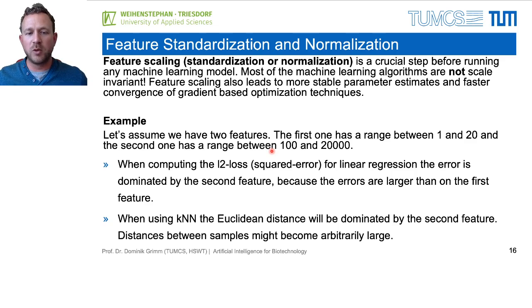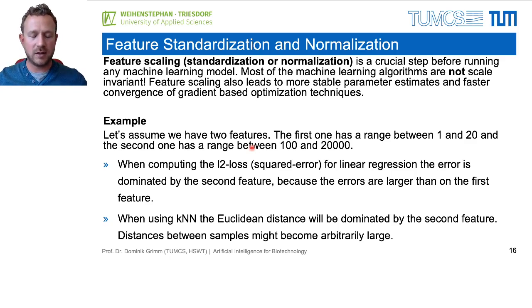If we would like to compute the distance between samples, then the Euclidean distance is also dominated by this feature, because this leads to a much larger distance. And the problem is, if we have these large values in our data set, then distances between the samples might get arbitrarily large. So that's why we have to somehow account for this different scaling of our features.